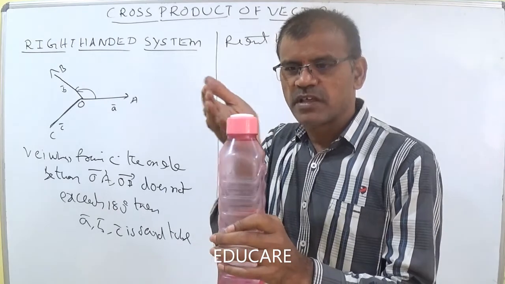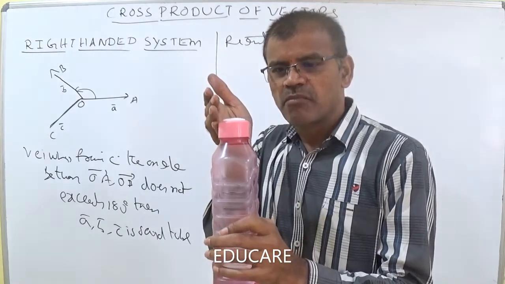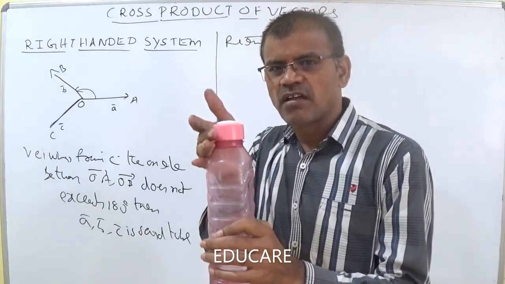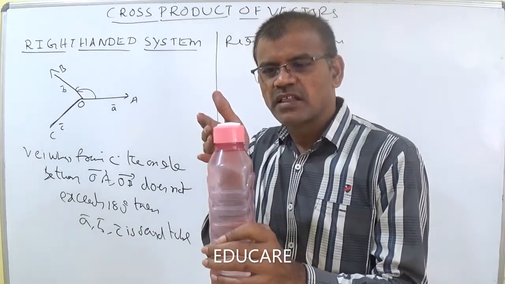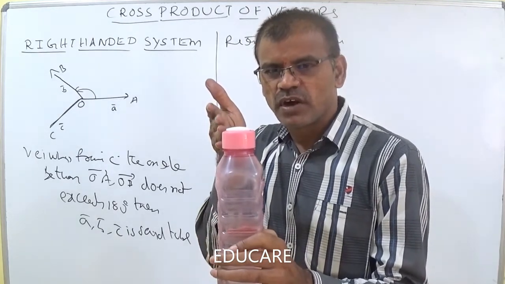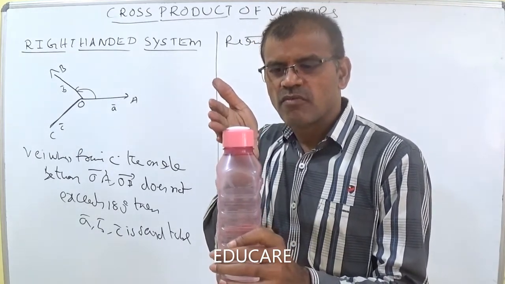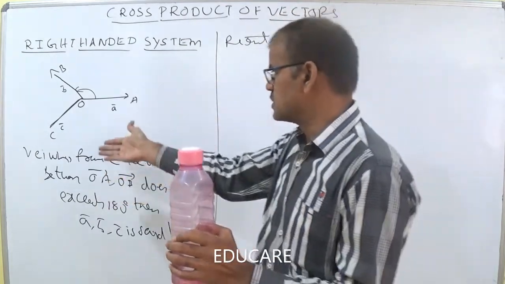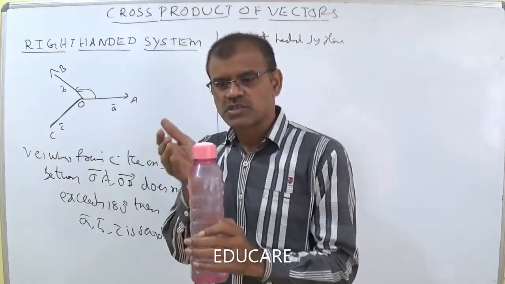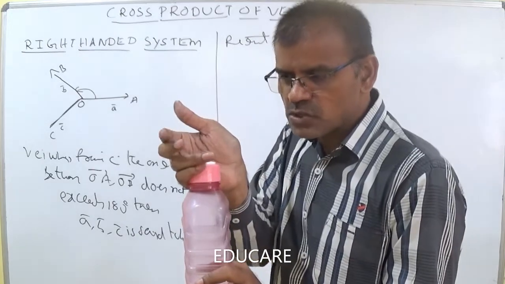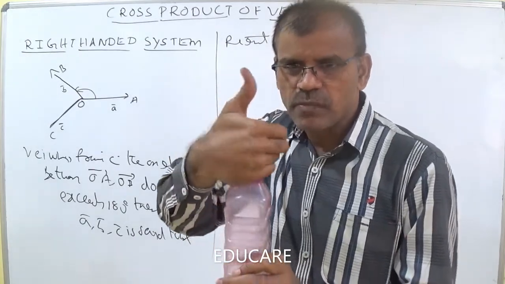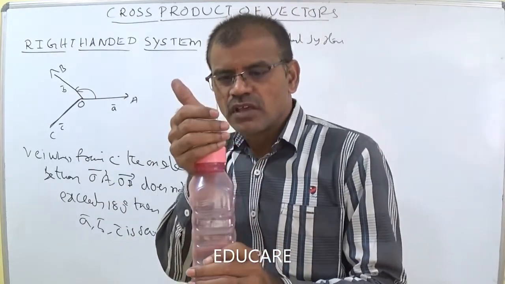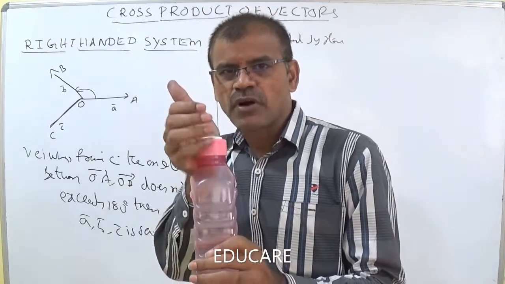Now what is happening? The angle is made in the anti-clock sense. Keeping C fixed, viewing from C, the movement is going like this. So this thumb is in the upward direction.